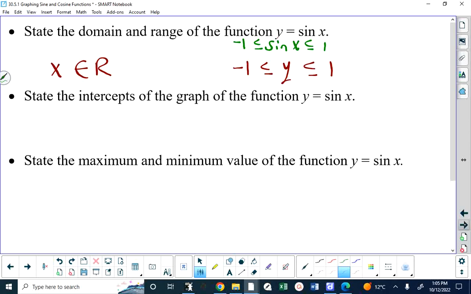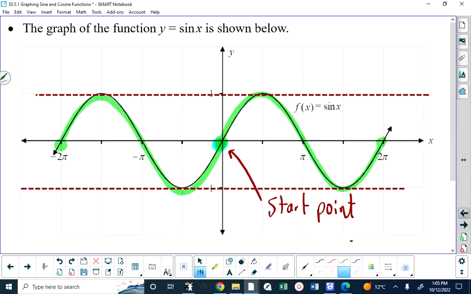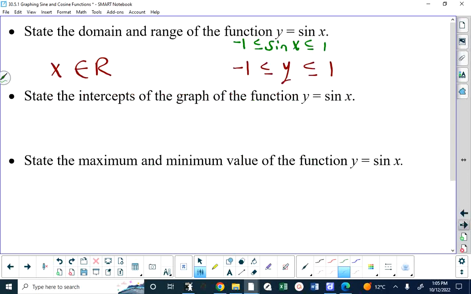So anytime we are at those locations, sine of x will be 0, which means the x-intercepts should be at 0, pi, 2 pi, 3 pi, negative pi, negative 2 pi, negative 3 pi. So the x-intercepts are multiples of pi, n pi, where n is an integer.